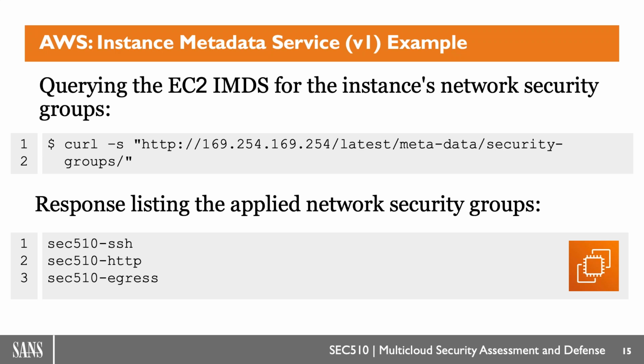So this is straight out of Amazon's documentation. It's not really anything crazy new to their ecosystem, but if you're new to the cloud, you may not really know that this is happening. So in this example, we're querying the metadata service and we're just saying, show me the security groups that are attached to this instance. So just a very basic example.